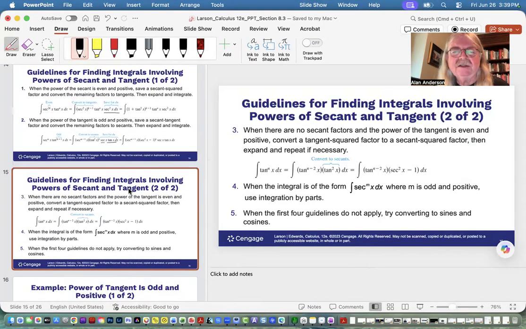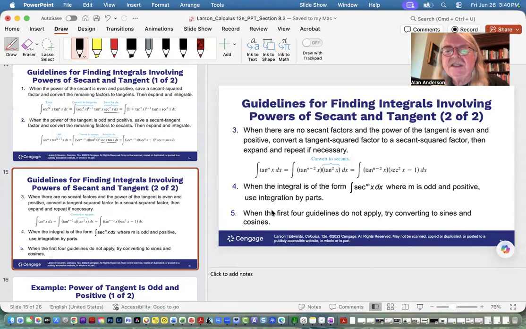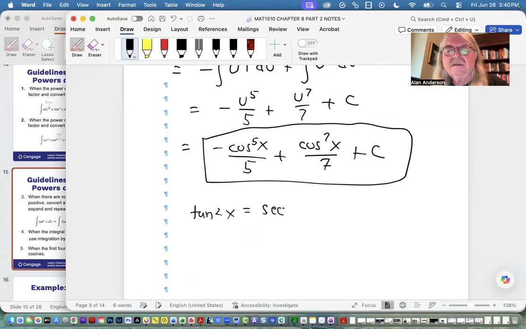So, when we have an even powered tangent, what we want is to split off a tangent squared, but then immediately turn it into secant squared. So remember that tangent squared x, one of our identities, is secant squared x minus 1.